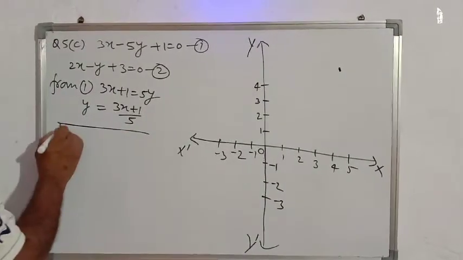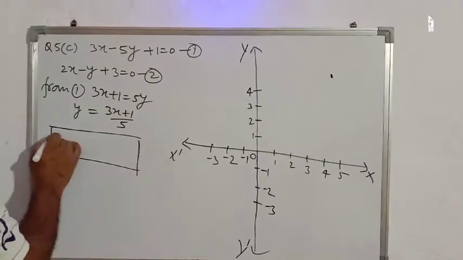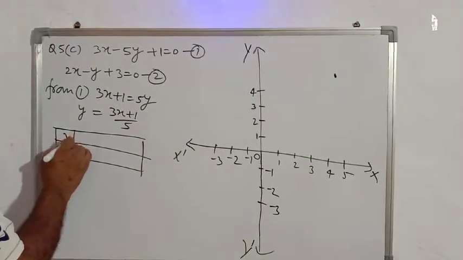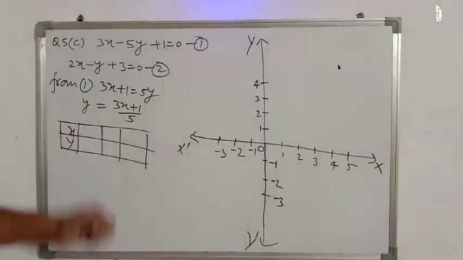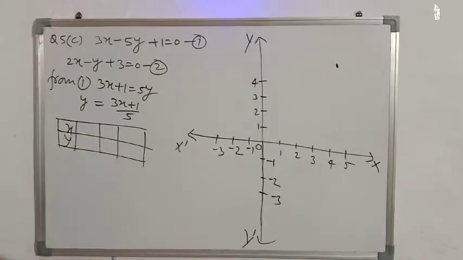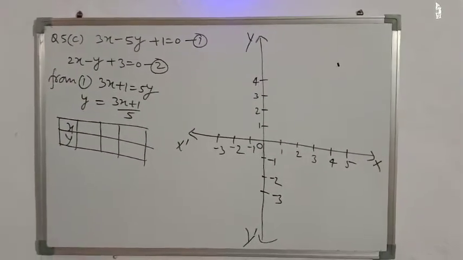Make a table for x and y. We have to take 3 values of x to find the 3 values of y.